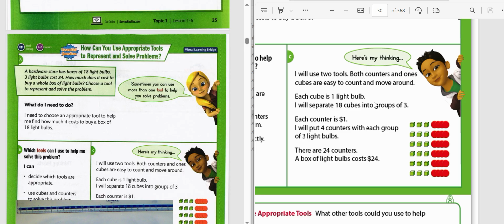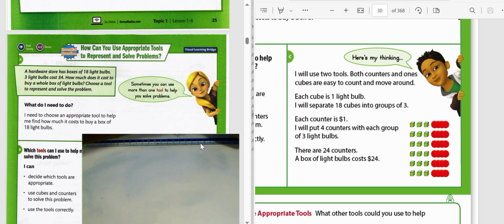Each cube is 1 light bulb, 1 2 3 in each row. Each counter is $1, and I grouped the 18 cubes into groups of 3. 18 divided by 3 equals 6, and 6 times 4 equals 24. Okay, this is the answer to this question.